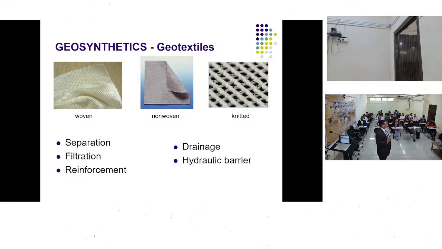They have been used for many years. These geotextiles are classified as woven, non-woven and knitted. Now the question comes: why woven, why non-woven and why knitted? Can I understand what a woven material is, what a non-woven material is, or what a knitted material is?